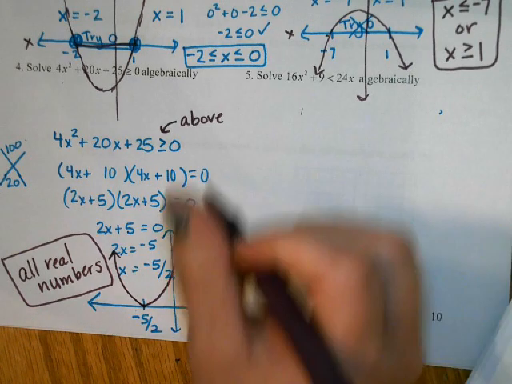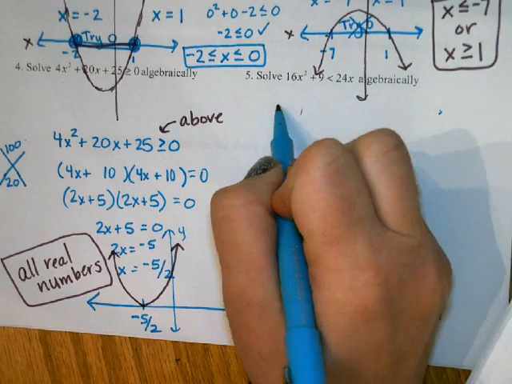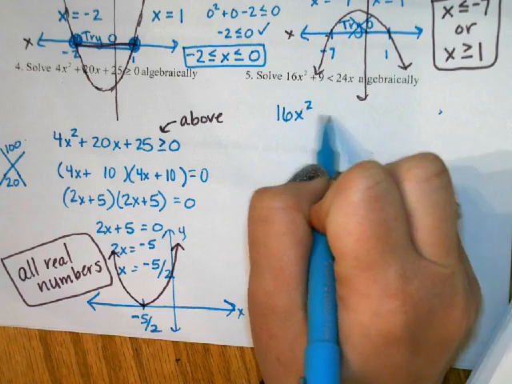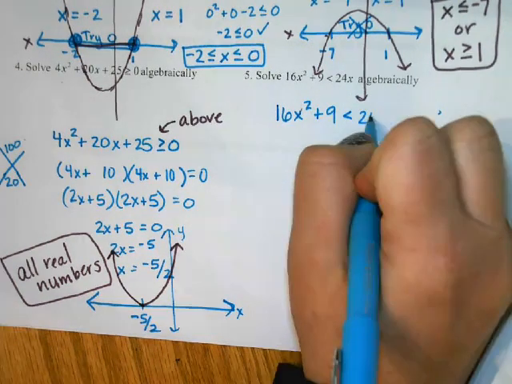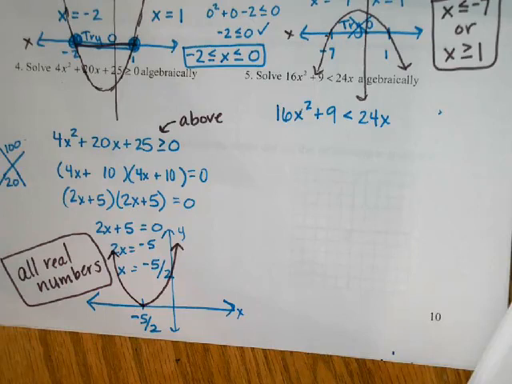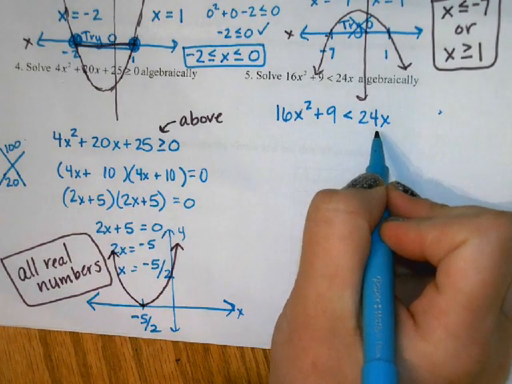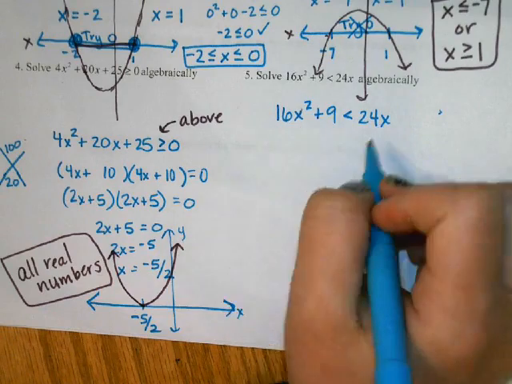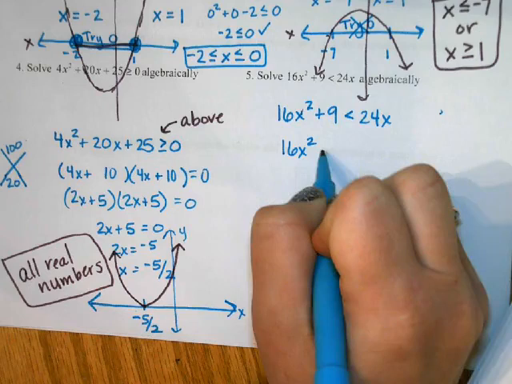Okay, let's try 5. We have 16, and again, I've drawn all over it. Okay, we need to get this guy equal to 0. So I'm going to move the 24x. And I also need to rearrange him because that 24x needs to go in the middle.